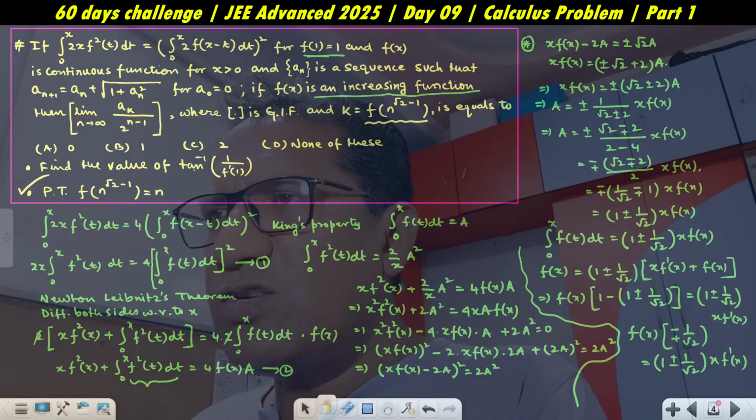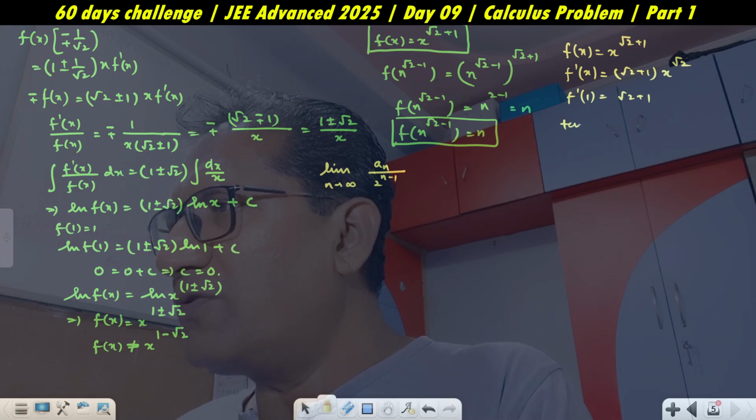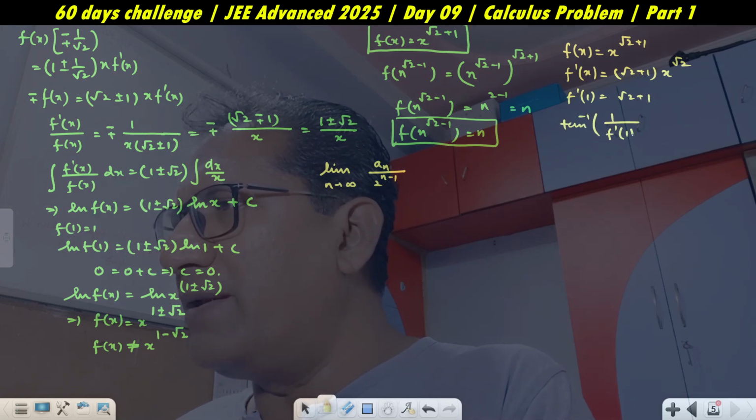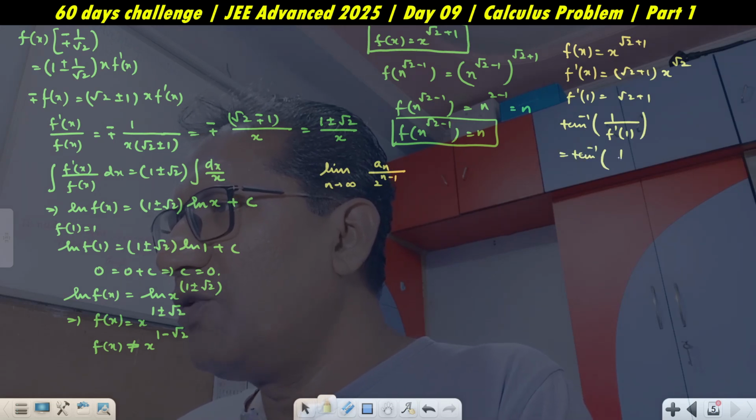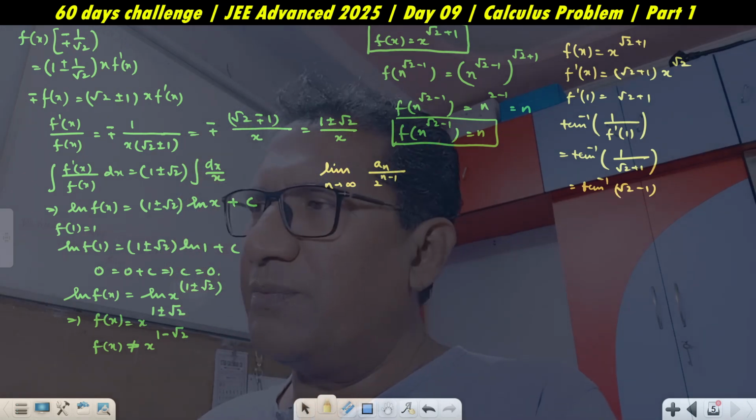And we have been asked to find the value of tan inverse of 1 over f prime 1. So that gives us tan inverse of 1 over (root 2 plus 1), which is tan inverse of (root 2 minus 1) after rationalization.